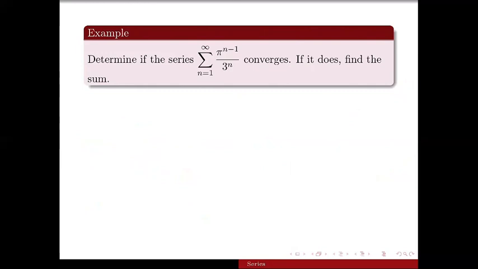Okay, let us start with this series. Remember, our geometric series is of the form a r to the n minus 1 and n from 1 up to plus infinity. And I said also that it could be of the form a r to the n and starts from 0 up to plus infinity.